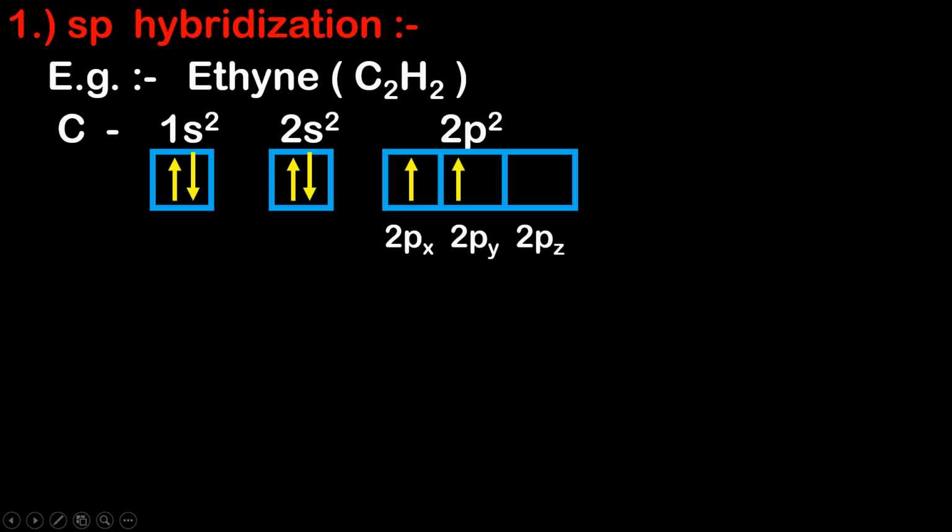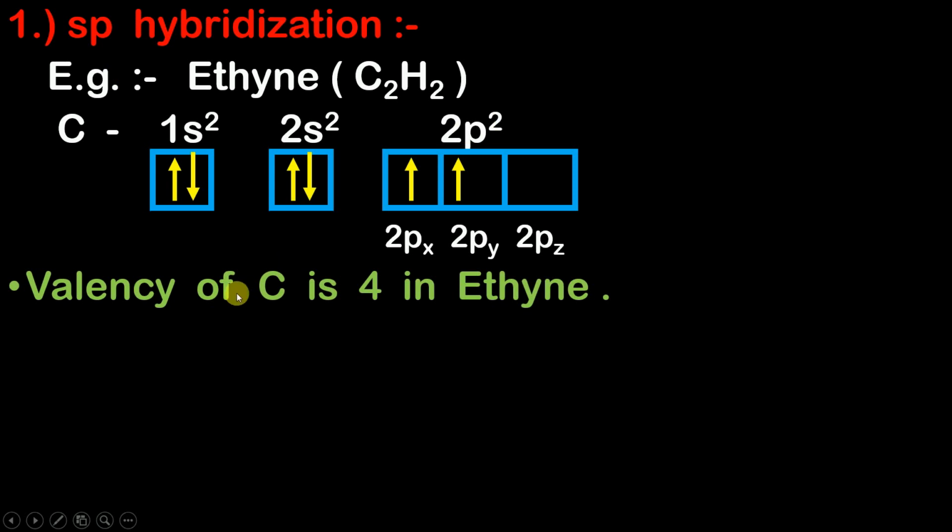Do not make a mistake over here by writing this second electron in 2px only. No, first each orbital will get one electron each, and then they will get double electrons. Hund's rule, if you all remember. Then moving on, the valency of carbon is 4 in ethyne.